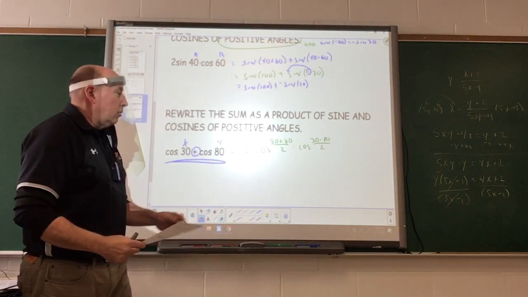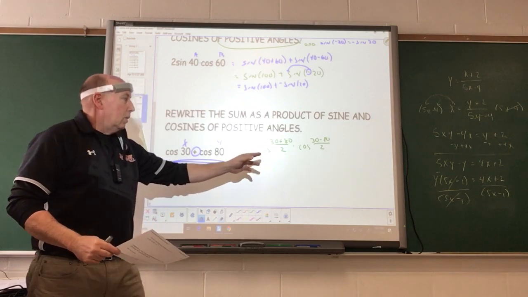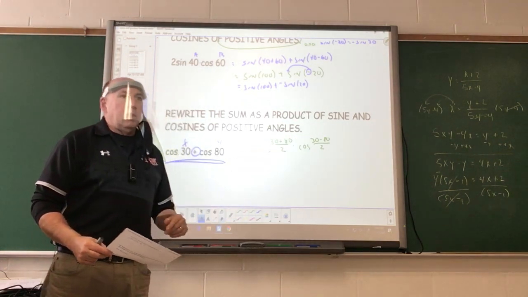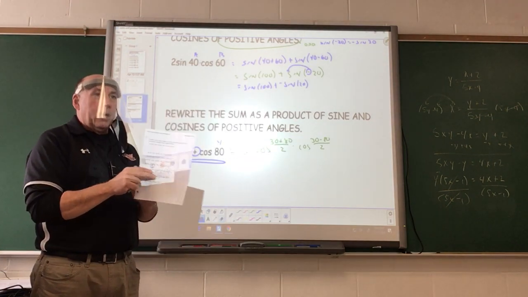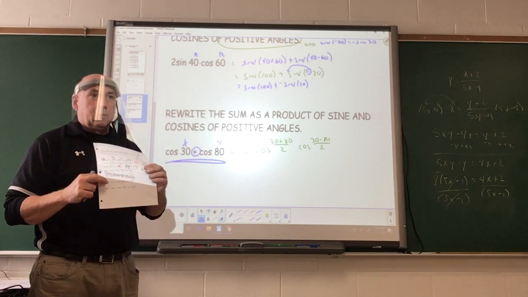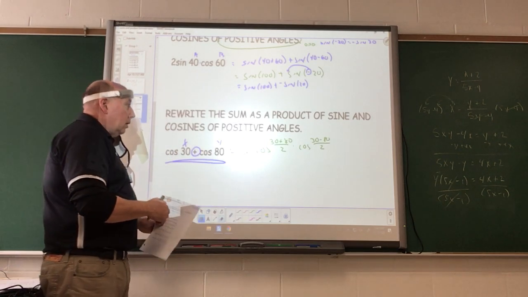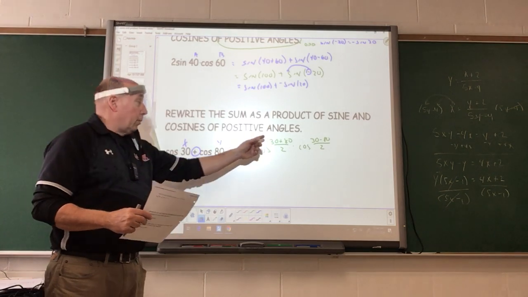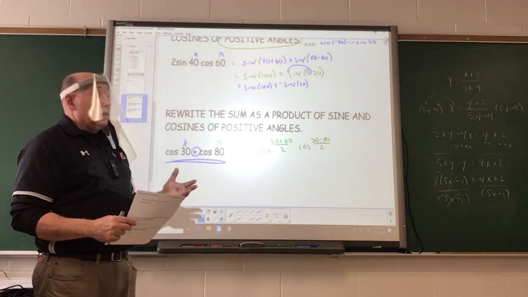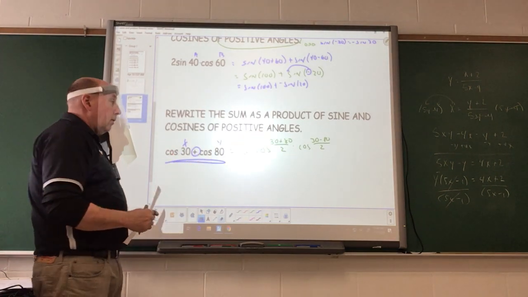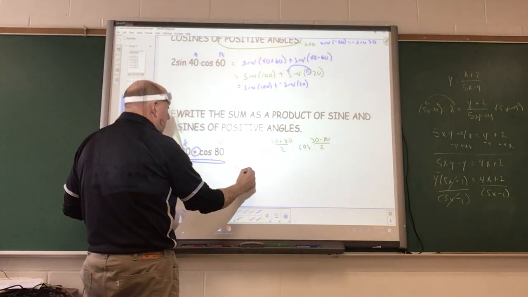to have 2 cosine 30 plus 50 divided by 2 times the cosine of 30 minus 50 divided by 2. It's the second one from the bottom. Not the bottom one, but the next one below the bottom. So now I clickety-clack through. What's 30 plus 50, 80 divided by 2? It's 110. Divided by 2, 55.